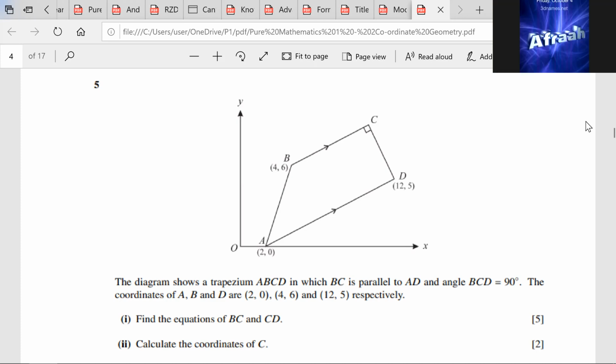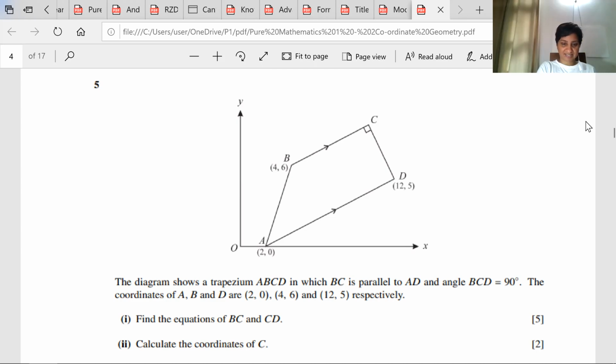Miss, for BC, I got y minus 6 equal half x minus 4. That's for BC. So you see the coordinates of B are 4 and 6. I just need to check whether your gradient is right.